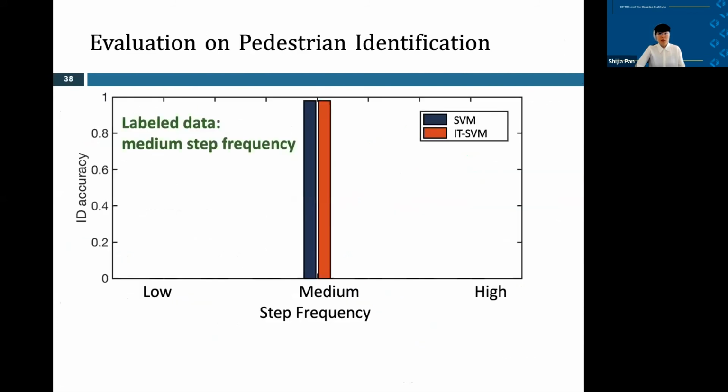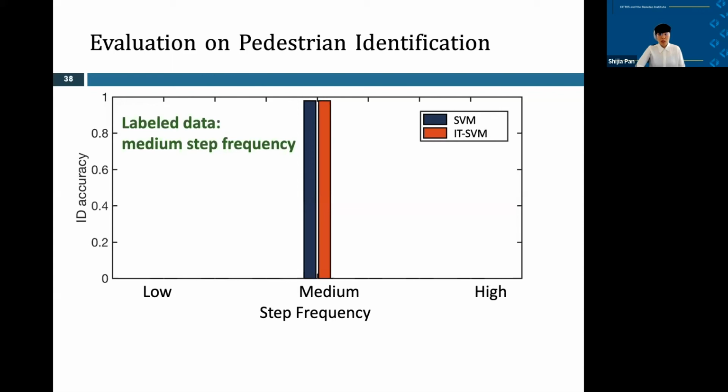So getting back to our pedestrian identification problem, we test our iterative learning algorithm on 10 people walking at 7 different walking speeds. We only provide labeled data at a medium walking step frequency, and we test all the walking speeds.